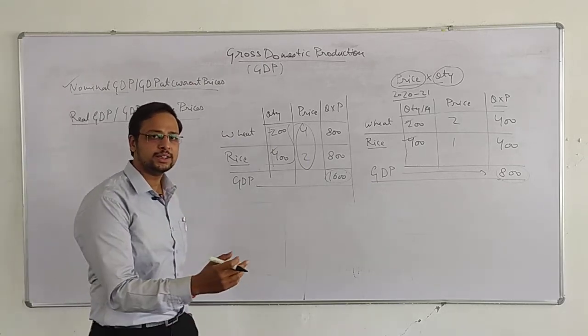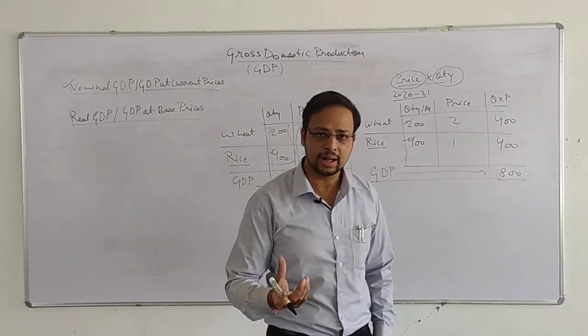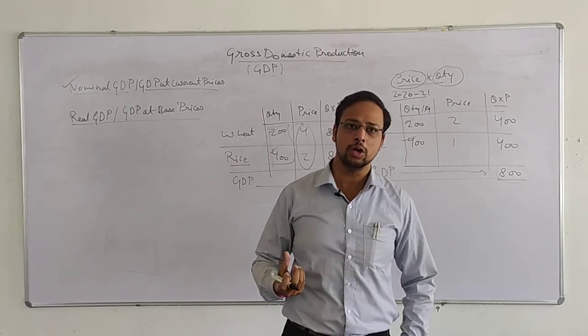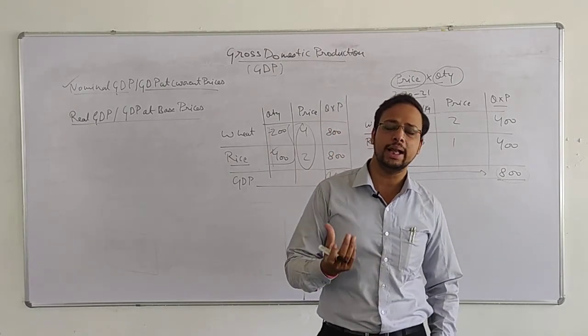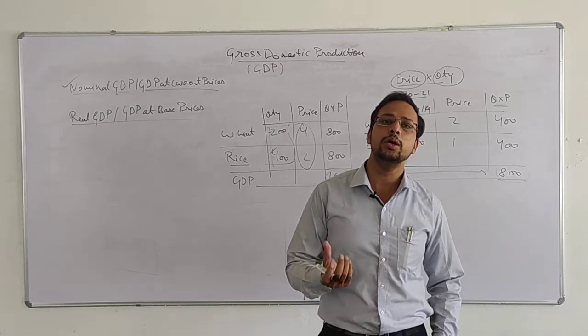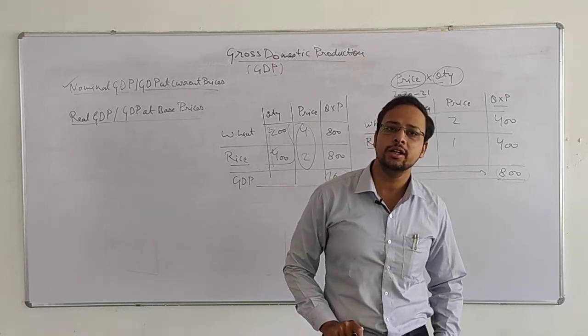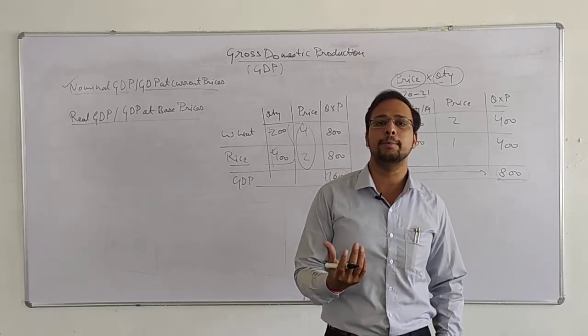The GDP at base prices is regarded as real GDP because the prices used in the calculation of real GDP don't have an inflationary effect in them. They are the prices for the base year.